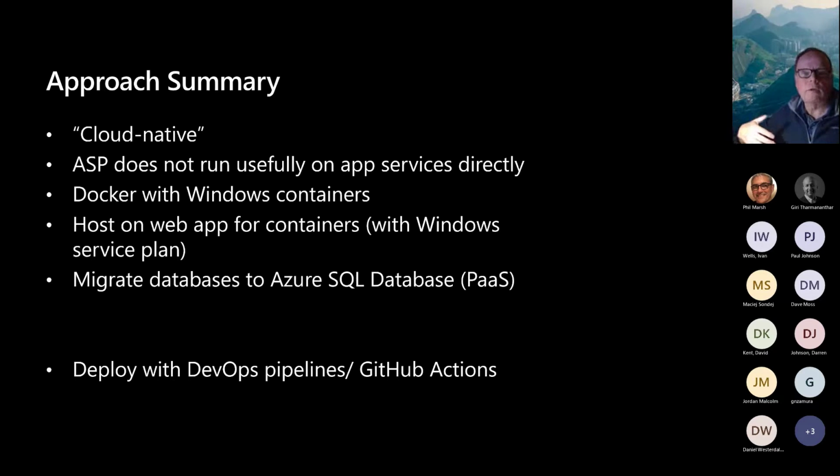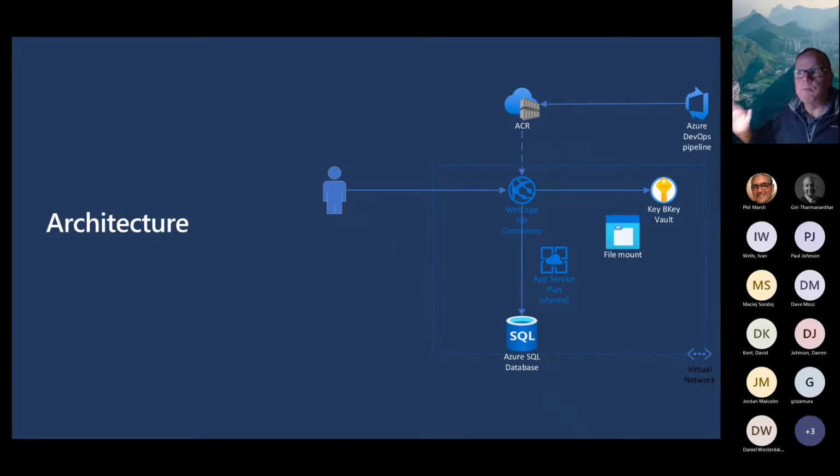automate stuff, in their case through DevOps pipelines, because if you want to reliably deploy stuff, you don't want to have manual steps. So dead simple for this particular solution, in that it's Web App for Containers here, which is just a type of web app. It's using an App Service plan. I don't know why I've got shared written on there.